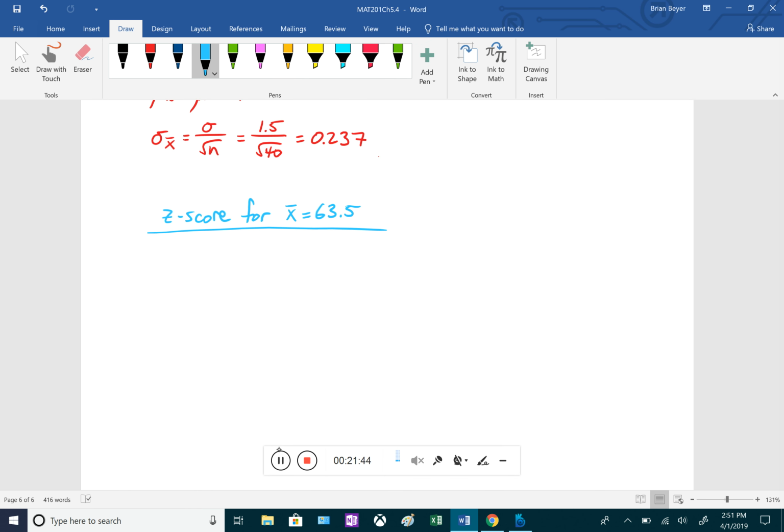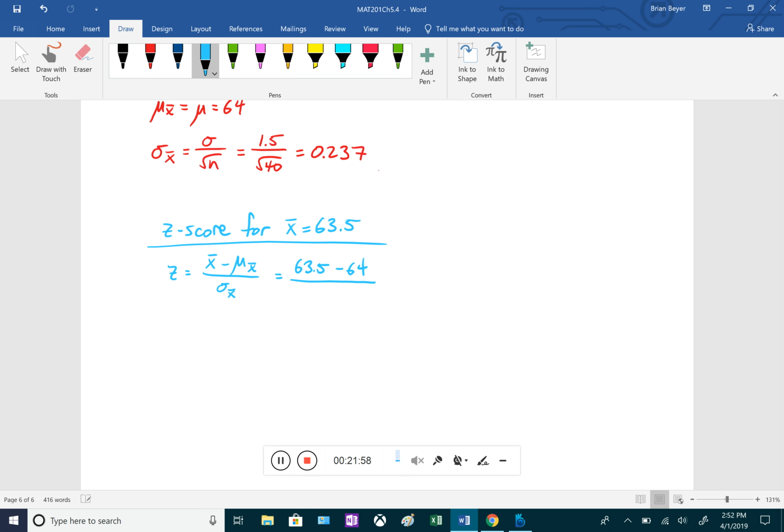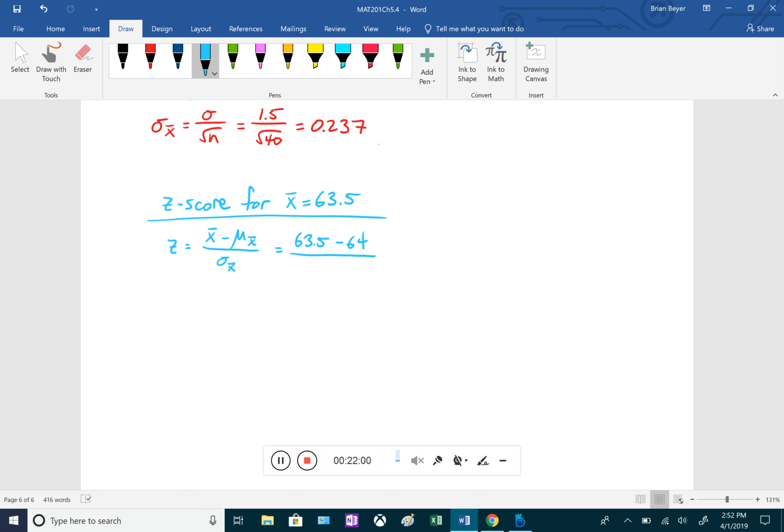So it's going to be z equals x bar minus mu sub x bar over sigma sub x bar. We're going to plug everything in. That's 63.5 minus 64 divided by 0.237. So all of these values were from what we wrote in red right above. That's going to end up being negative 2.11.